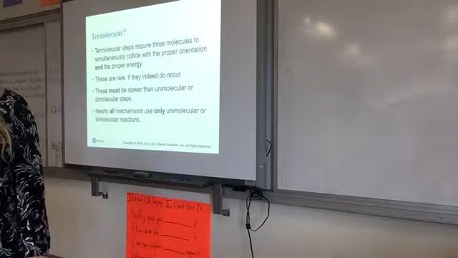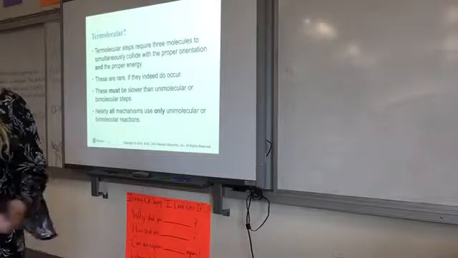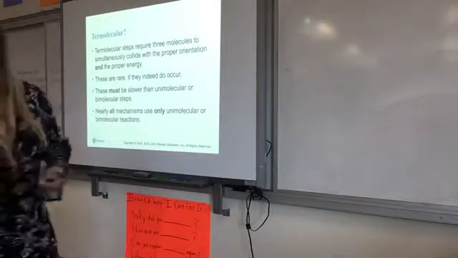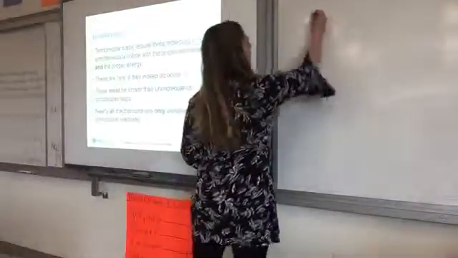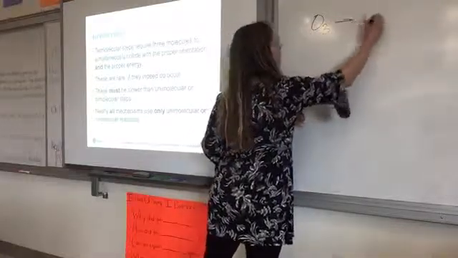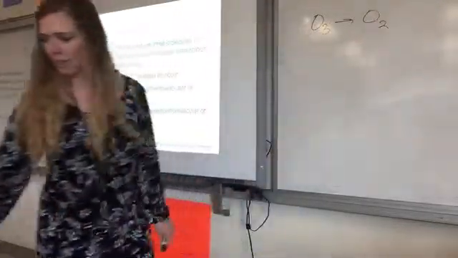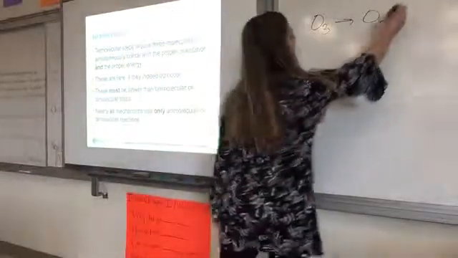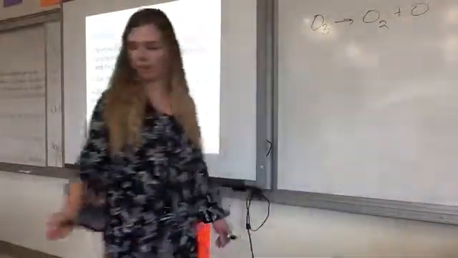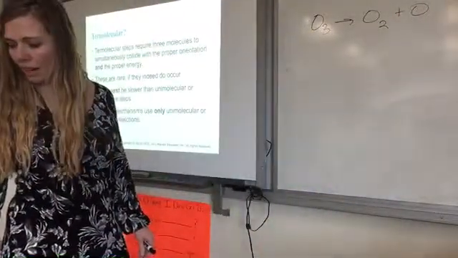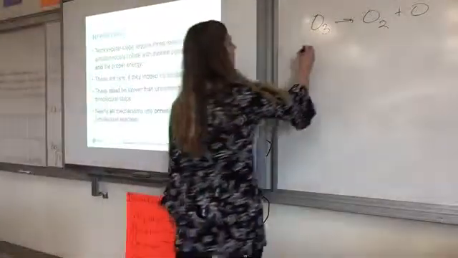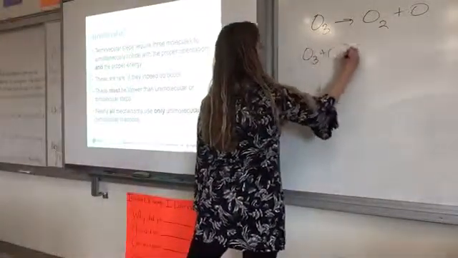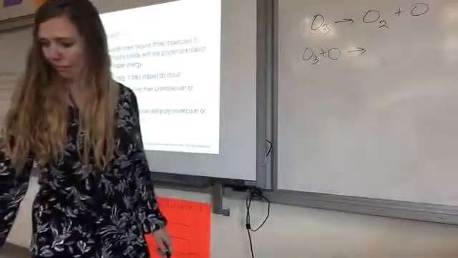It says, it's been proposed that the conversion of ozone into O2 is a two-step mechanism, okay? Where you have ozone going to O2. I'm not going to write the states of matter just to save myself a little bit of time, okay? Here's the first step, and then the second elementary reaction is this, okay?